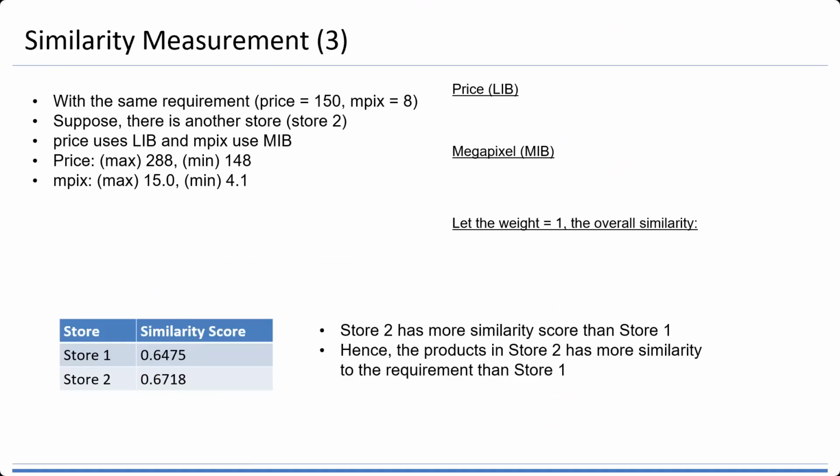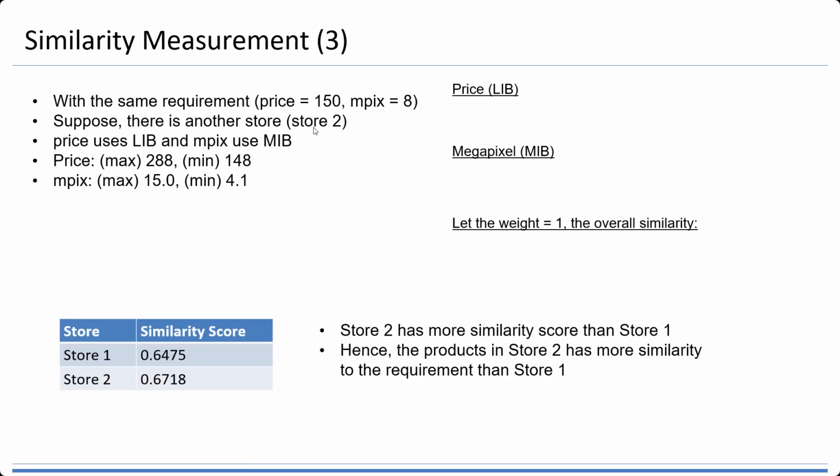So let's say you visit one store and you have those numbers. Now you visit another store and you want to have the same requirement, and check what is recommended with this store. So with the same requirement, price is 1 and megapixel is 8.